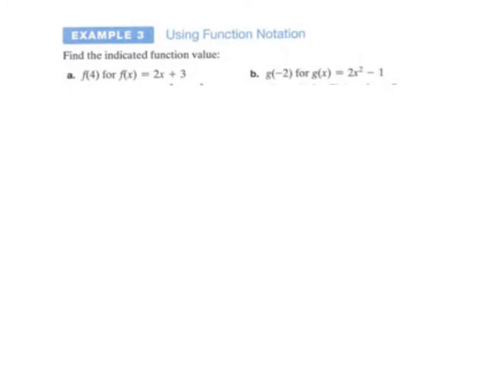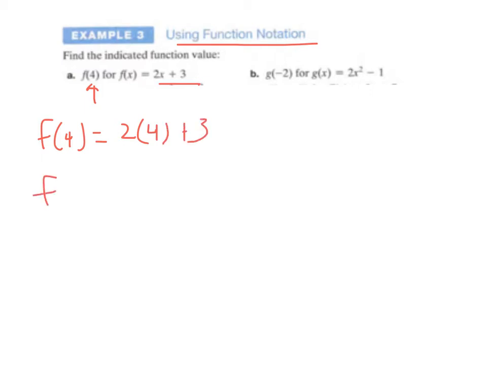Now, we're going to use function notation to solve our equations. So all that means is we're going to take whatever is in this notation and replace it where we see the x in the equation. That's all notation means. So f of 4 means I'm going to substitute 4 for the x in the equation. This does not get multiplied or changed.